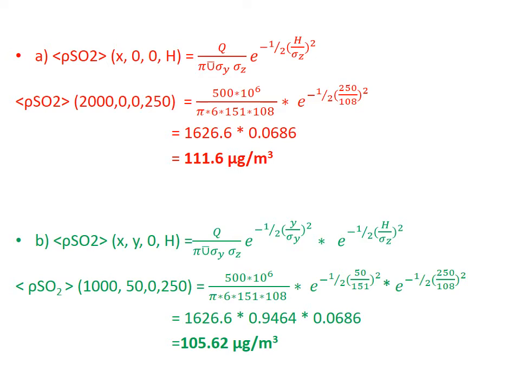Again we have the value of Q as 500 into 10 raised to 6, u as 6, sigma y 151, sigma z 108, and capital H 250. Substituting these values, we get the concentration of SO2 as 105.62 microgram per meter cube.